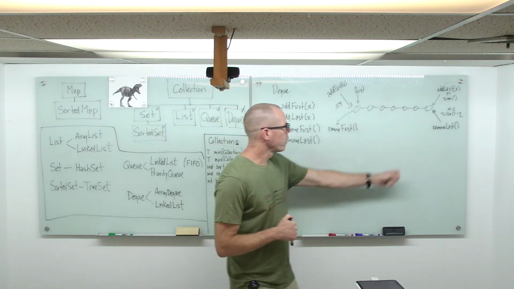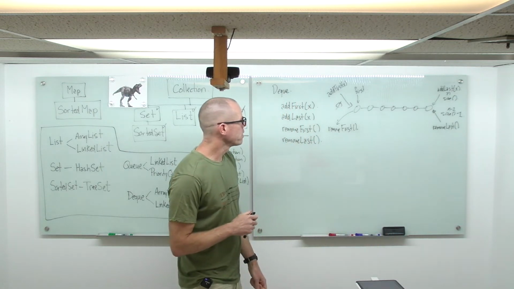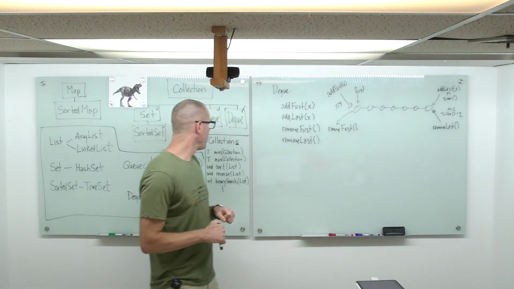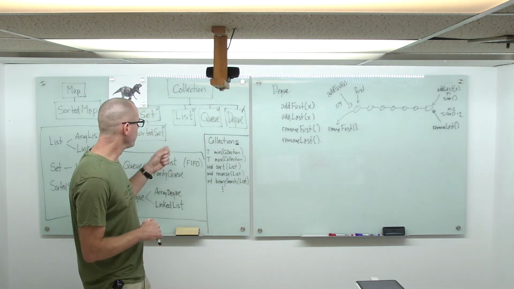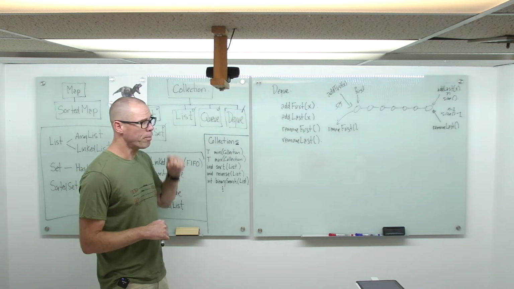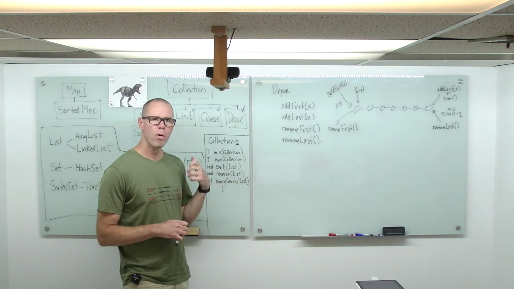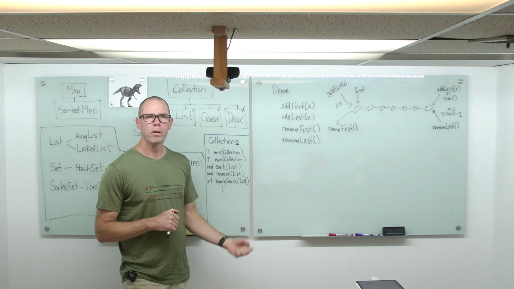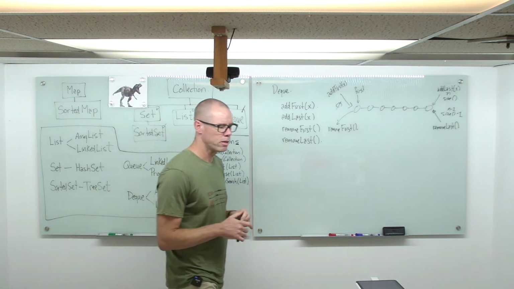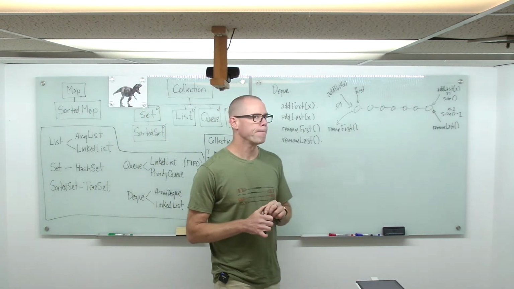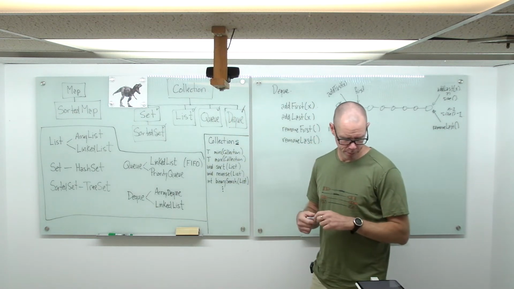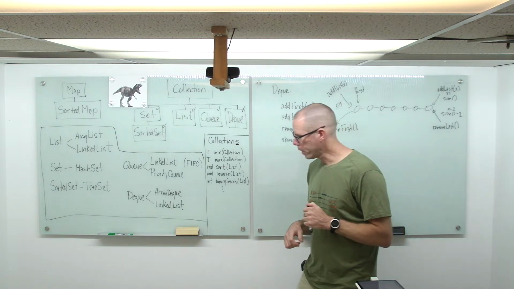And the same thing with remove last. So that's why these take an argument and these don't. And the same thing with queues. The add operation in a queue takes an argument. What is the thing that you're adding? The remove operation doesn't take an argument because that's determined by the queuing discipline. Okay.